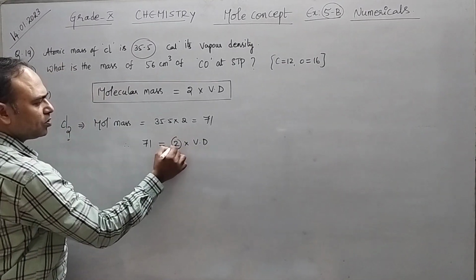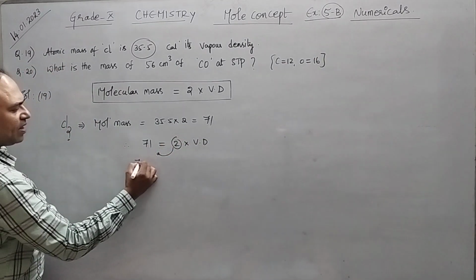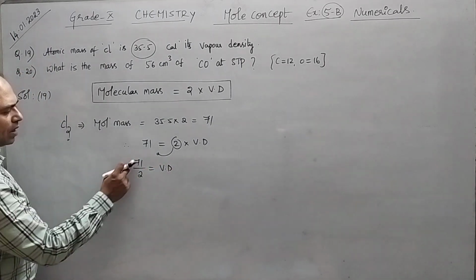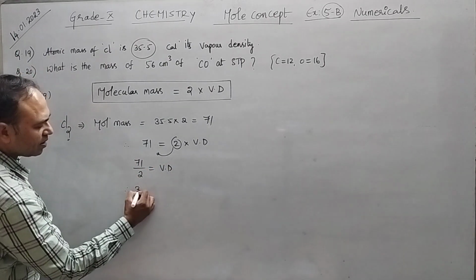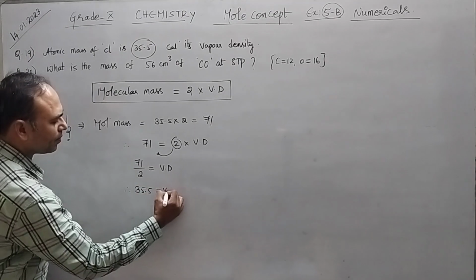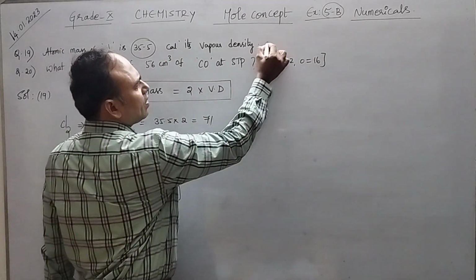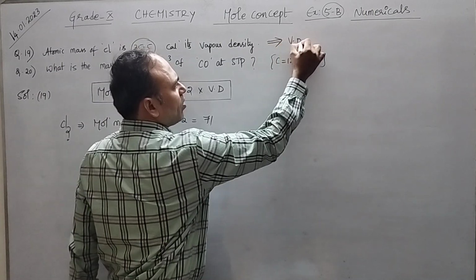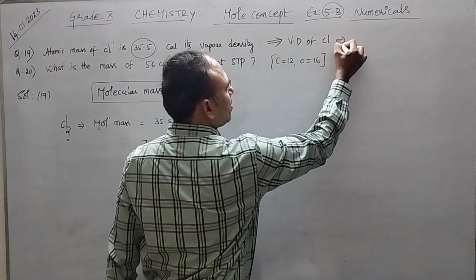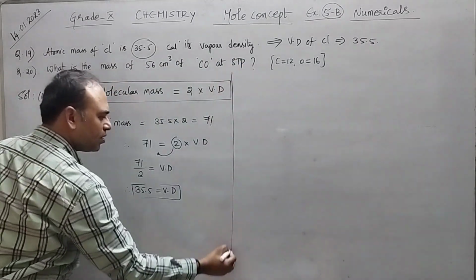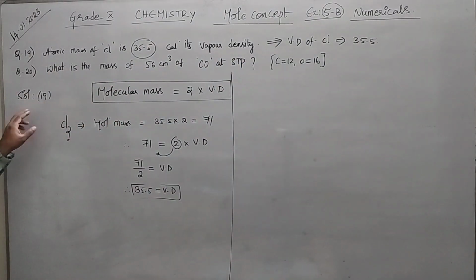Now send 2 to other side. 71 by 2 is nothing but vapor density of chlorine. So therefore it is nothing but 35.5. So what you can write here? We can write it as the vapor density of chlorine is calculated as 35.5. Hope you have understood the question number 19.